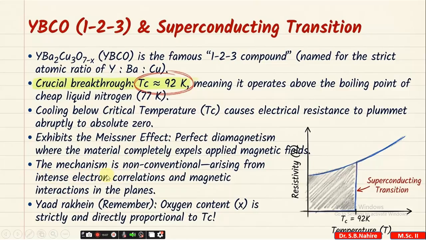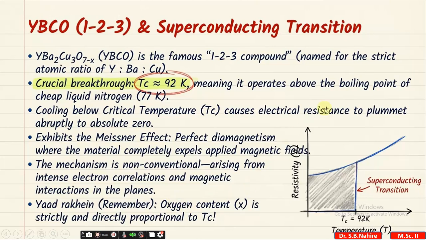The mechanism of superconductivity in YBCO is non-conventional. It arises due to strong electron correlations and magnetic interactions within the CuO2 planes. Now very important point to remember, oxygen content represented by X is directly proportional to the critical temperature Tc. This means if oxygen content changes, Tc also changes.